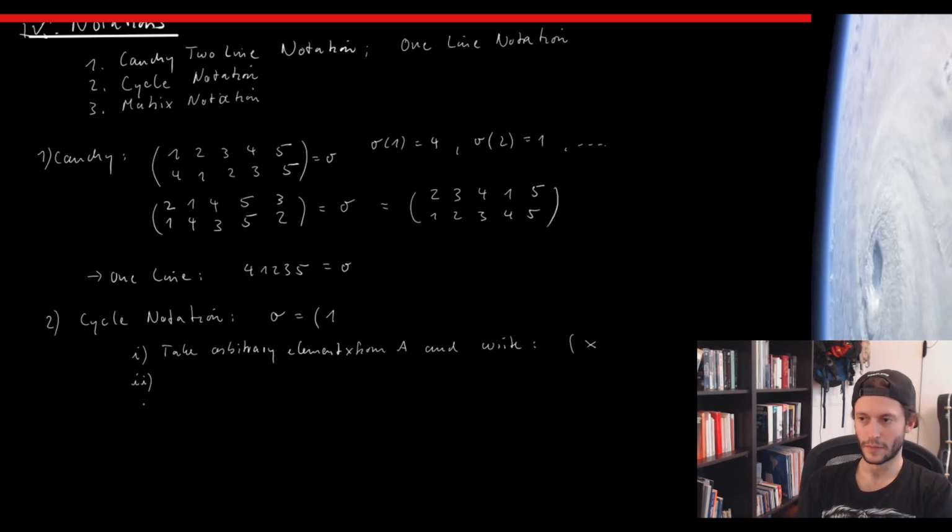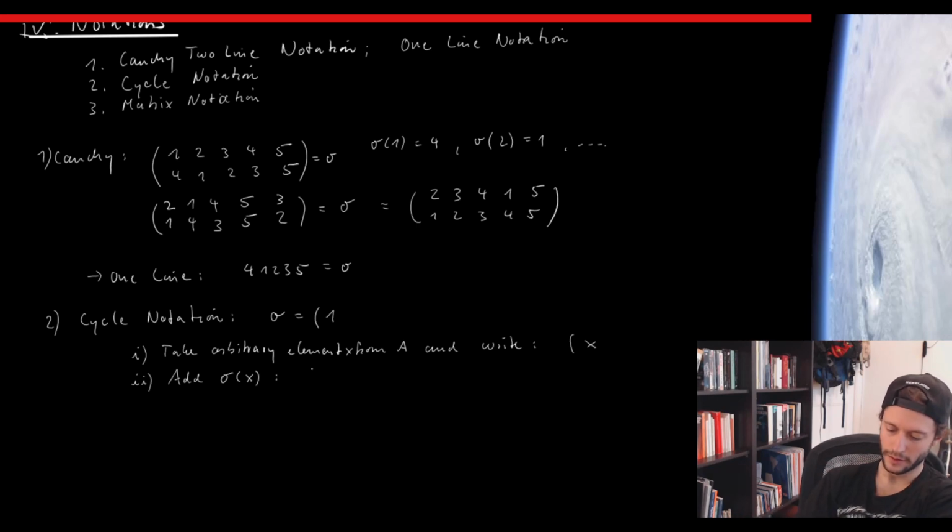Then you add the image of exactly that element X, like bracket X, sigma of X. In our example, this would be 1. The 1 is mapped to the 4.